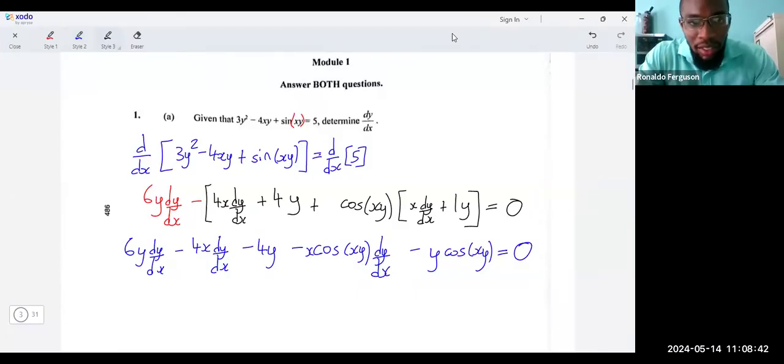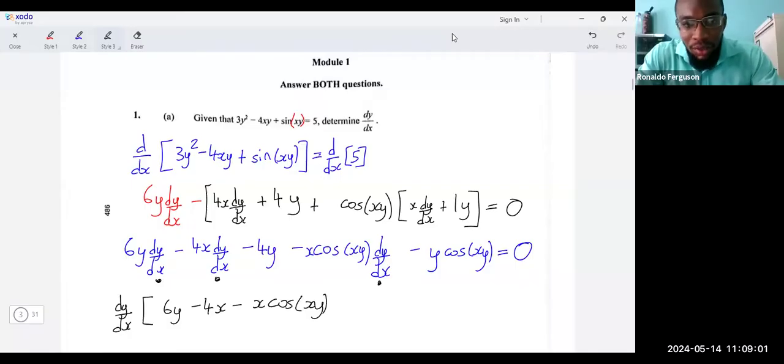Now, looking at what has dy dx, this has dy dx, this has dy dx, this has dy dx. So we factor out dy dx, so we have dy dx in bracket 6y minus 4x minus x cosine xy, close up that bracket. Then what doesn't have dy dx, bring it to the other side.